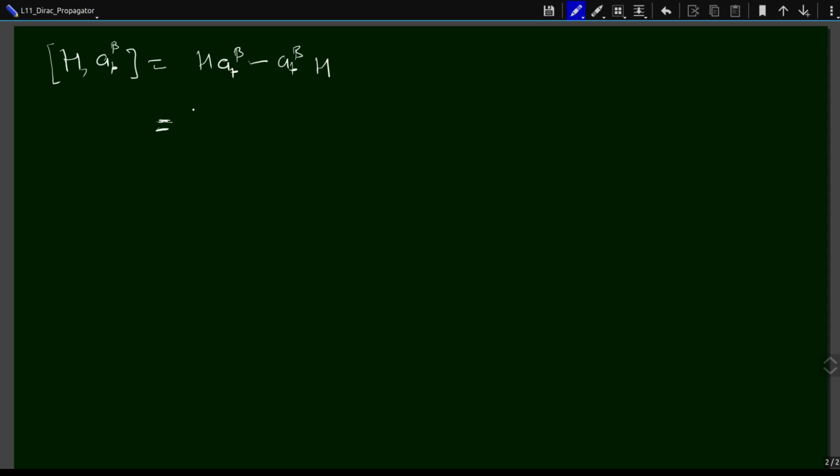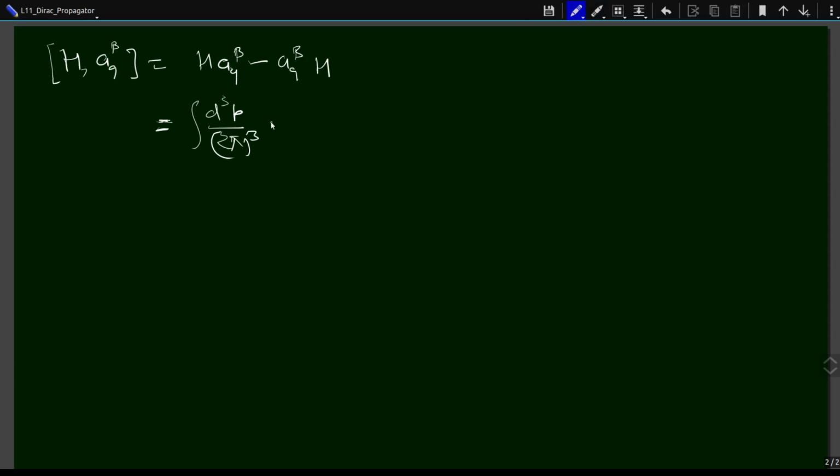So what you will have over here is d3q by 2 pi cubed, because this operator thing I took as a_p. Let me not take it as a_p. This is p, and this should be p.